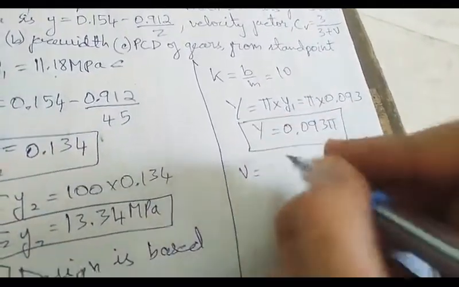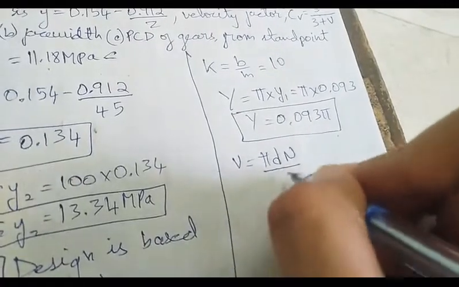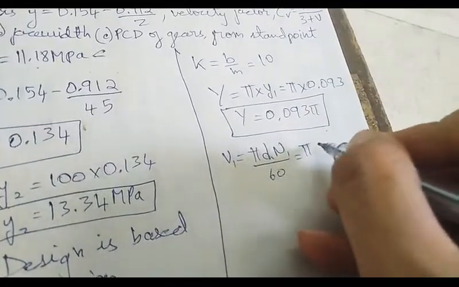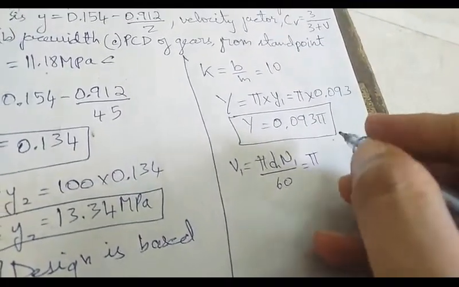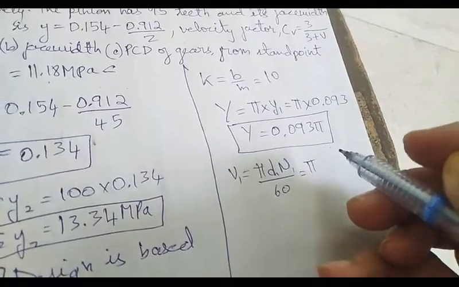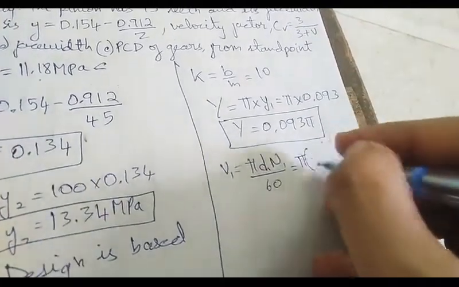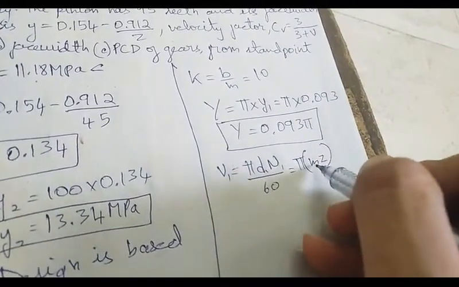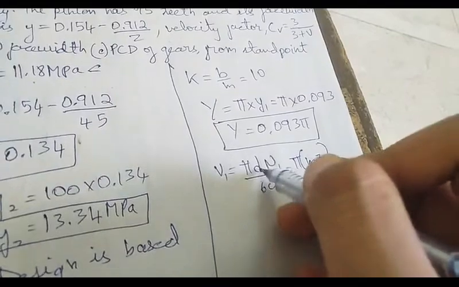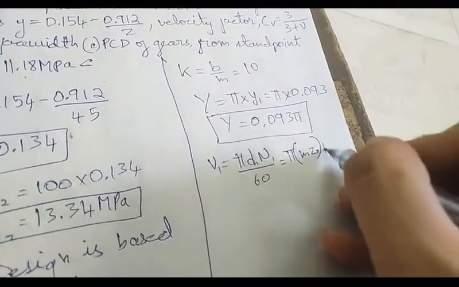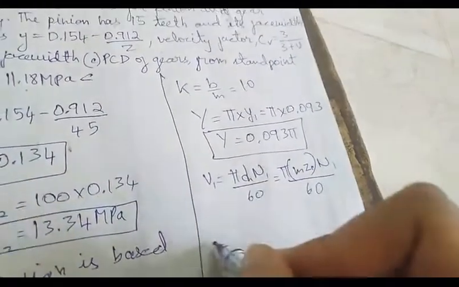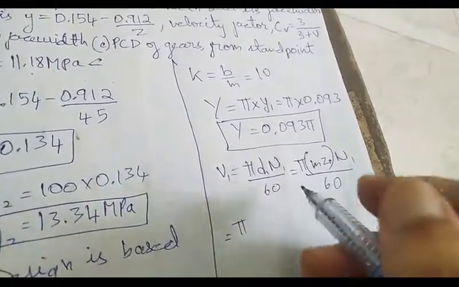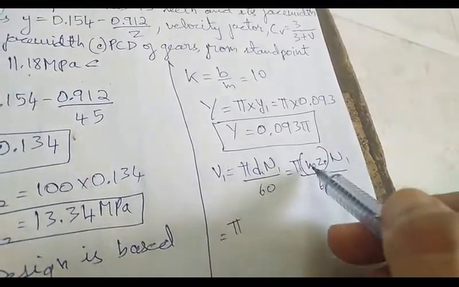Next we'll find the velocity, pi d n by 60. So this is v1, d1, n1. D1 they have not given in the question, so we can take the value of d as m z. The diameter is equal to m into z, where m is the module and z is the number of teeth. For d1 I'll take z1. We are unaware of the module.